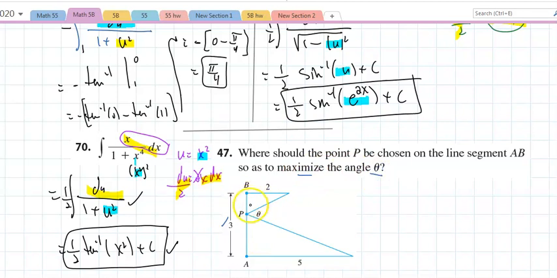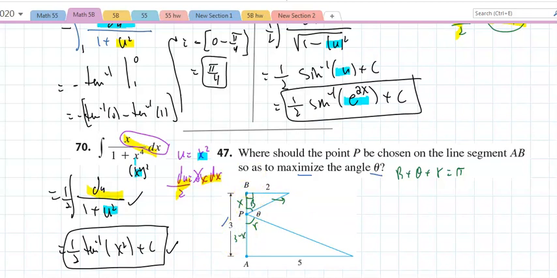If I look at this first triangle, if I call this beta and this gamma, wouldn't you say beta plus theta plus gamma equal pi radians? And if I look at this triangle, wouldn't you say if this is x, this is 3 minus x?